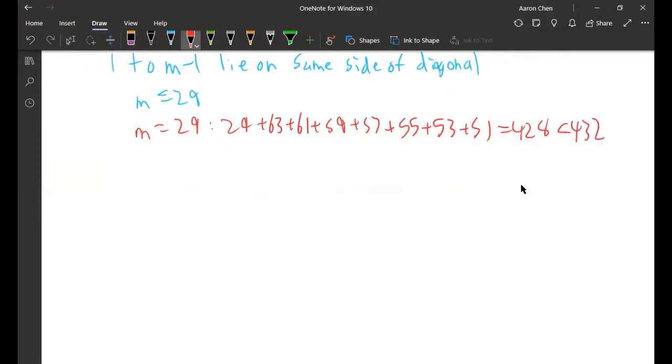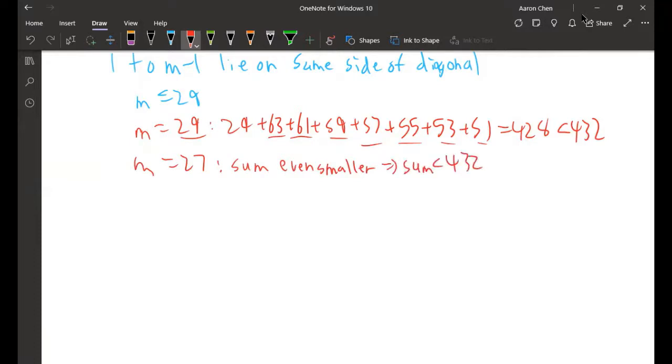So this is smaller. And the reason for this is simply because 29 is odd, and so the maximal numbers are all one less than if m had been even. And similarly, if m is equal to 27, then the sum is even smaller, and that means that the sum is also less than 432.